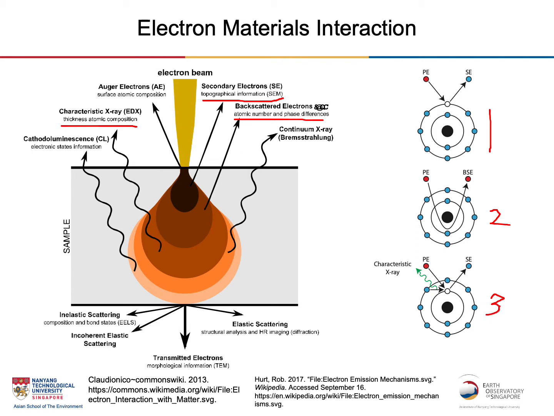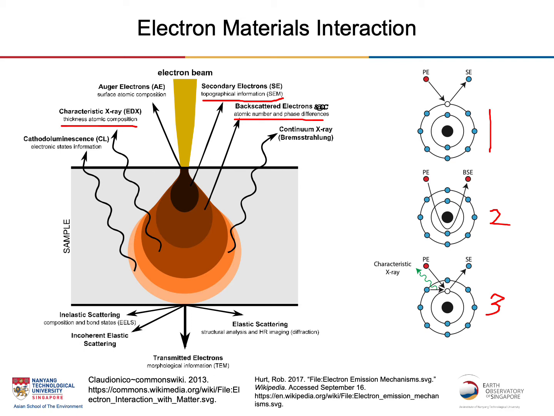Now the third one is that at some point the primary electron ejects another electron from a slightly inner shell of the atom. The ejected electron, as we know previously, becomes a secondary electron. And in the wake of the missing electron, another electron from a higher orbital may try to fill the gap. Since the higher orbital has a higher energy, it has to release that energy to be able to occupy the inner orbital.